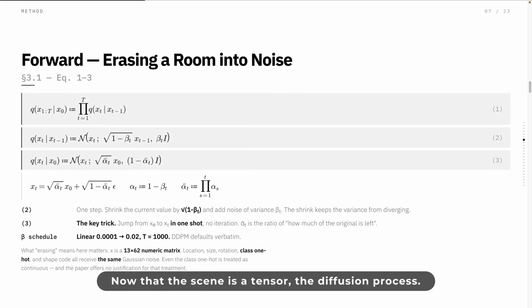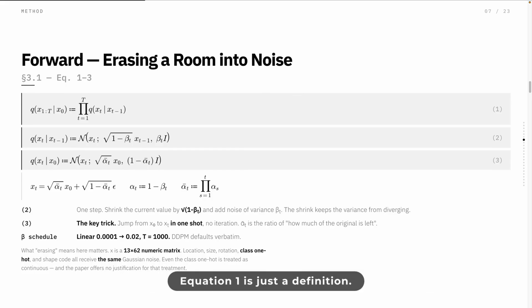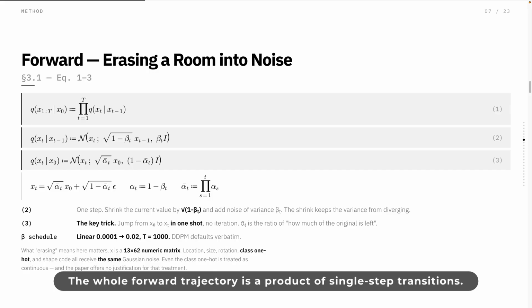Now that the scene is a tensor, the diffusion process, equation 1, is just the definition. The whole forward trajectory is a product of single step transitions.